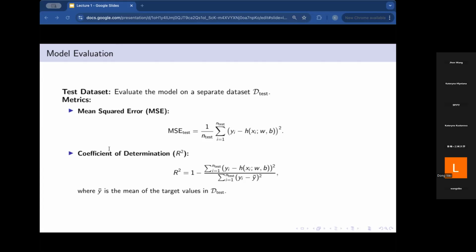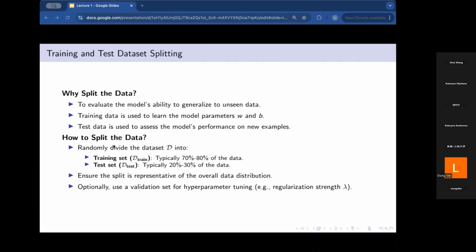R squared indicates how well our model's predictions match the variance in the actual data, with values closer to 1 indicating a better fit. Now let's consider an important and fundamental concept in machine learning, data splitting.